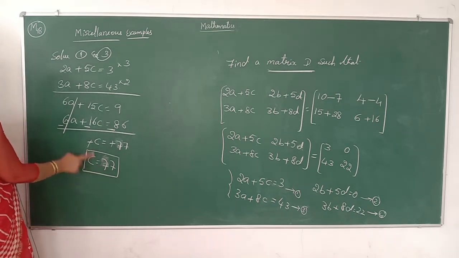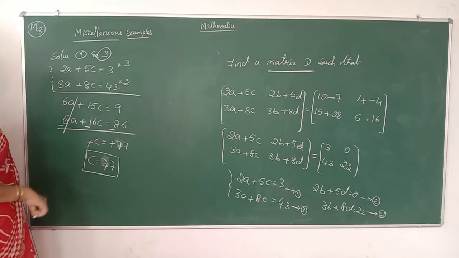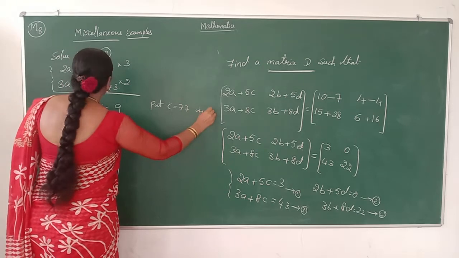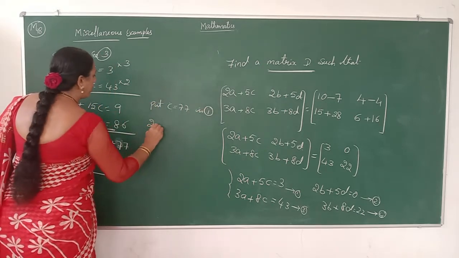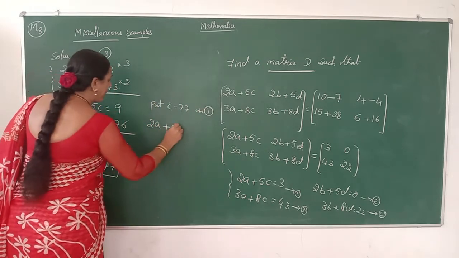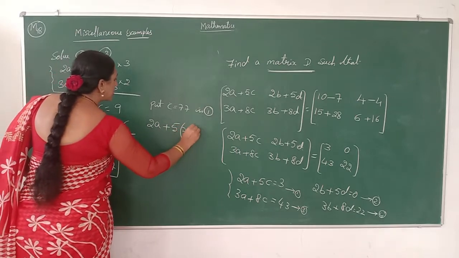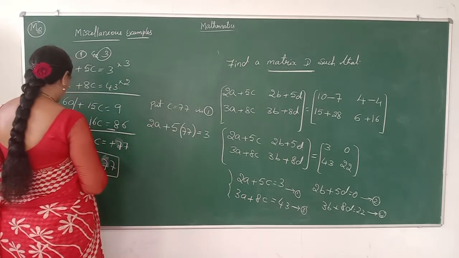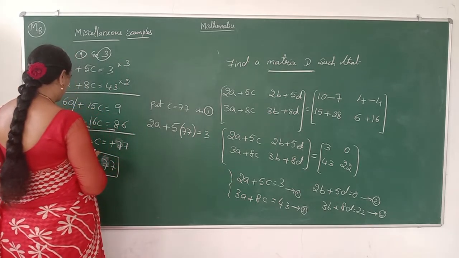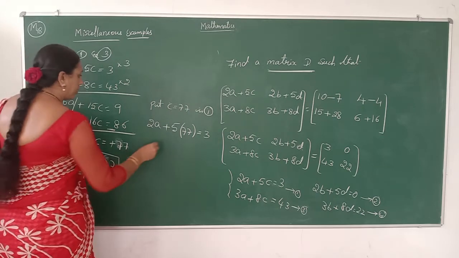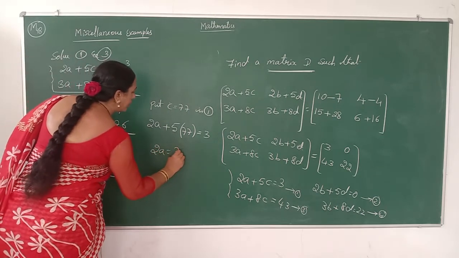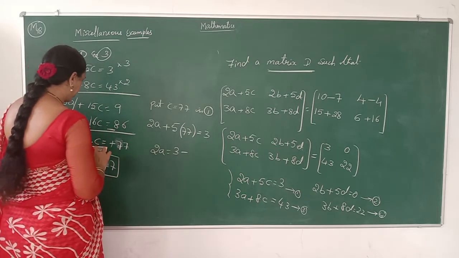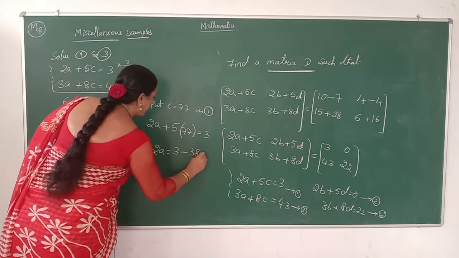Then this value can be substituted in any one of these two equations. Put C equal to 77 in equation 1. That is 2 into A plus 5 into C, that is 77, is equal to 3. Therefore 2A is equal to 3 minus 77 into 5, which is 385.